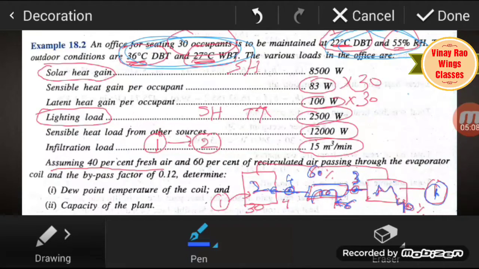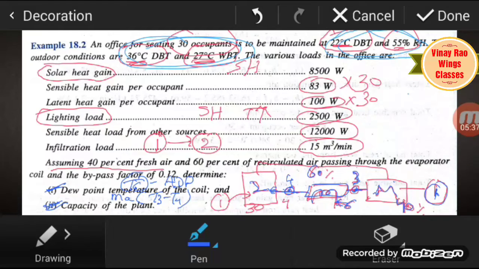Through this we will calculate the capacity of the plant. T6 is the apparatus dew point temperature, also known as ADP, of the coil. We calculate the mass of air circulation, and T3 minus T4 we will find further.